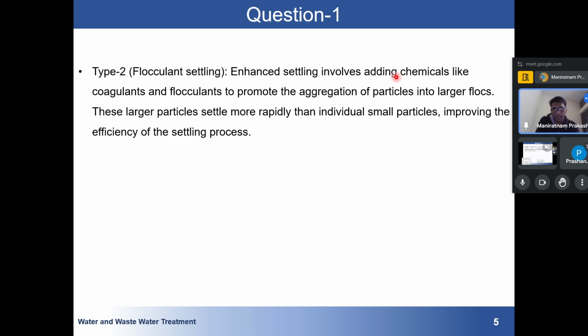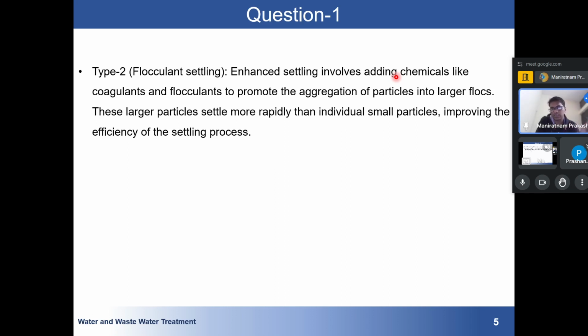Other particles around it will get attracted to it and form a bigger cluster. In discrete particles, they had their own weight, that's why they were able to settle down. But in this case, the suspended solids don't have sufficient weight to settle on their own, so I am adding some chemicals.